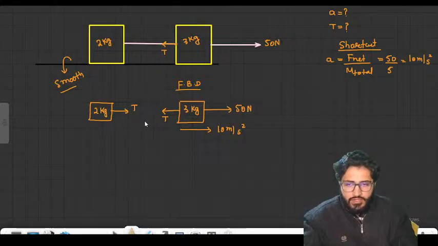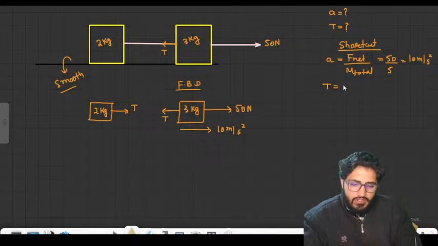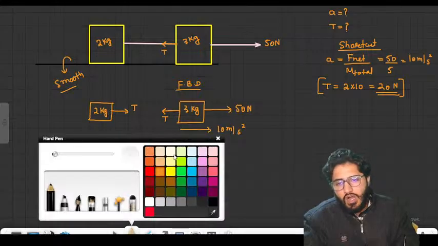Look now here. If we want to write tension for short, you can write tension T equals mass into acceleration. Mass is 2 kilogram, acceleration is 10. So you can write 20 Newton. But if you are saying, sir, show me the basics, how to do it.